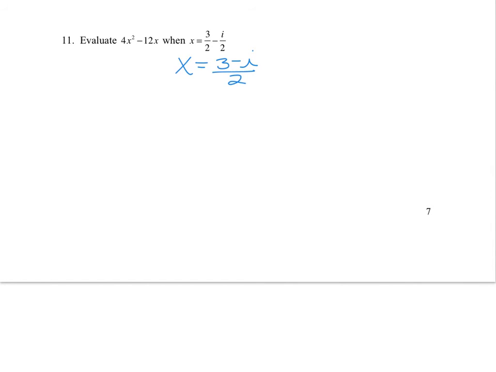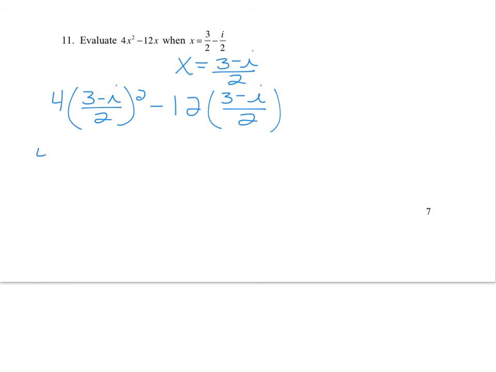So let's do that. So I'm going to have 4 times 3 minus i over 2, the whole thing squared, minus 12 times 3 minus i over 2. Okay, so this is going to be 4 times 3 minus i over 2 times 3 minus i over 2 minus, I can reduce the 6 and the 12 and the 2 here and get a 6.